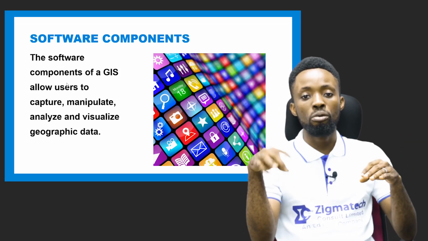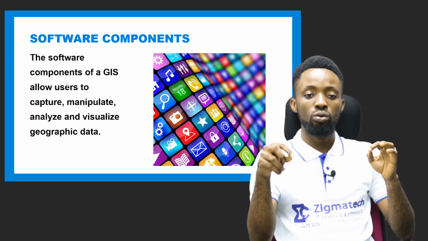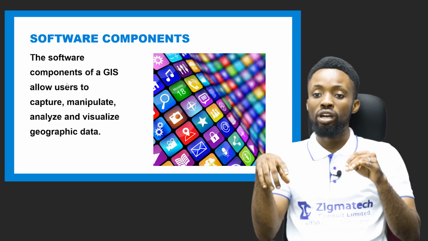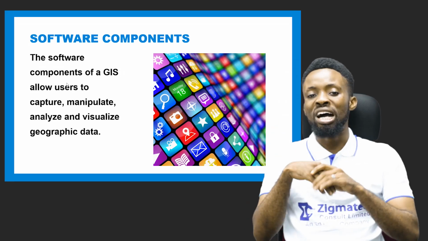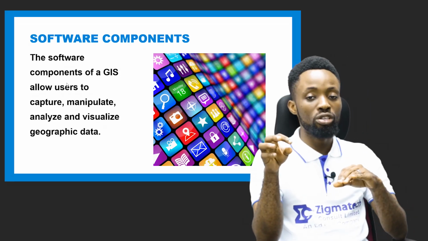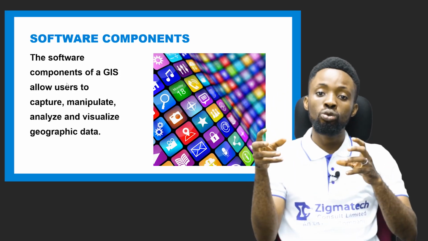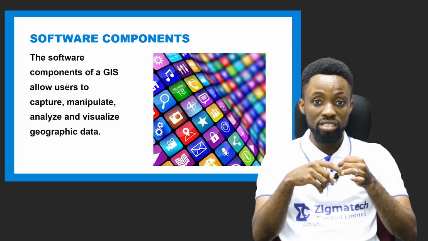So it helps for the functioning of all of this. What it basically implies is that the software components are simply computer programs that assist the computer user or the computer professional to collect data, to process and present them.